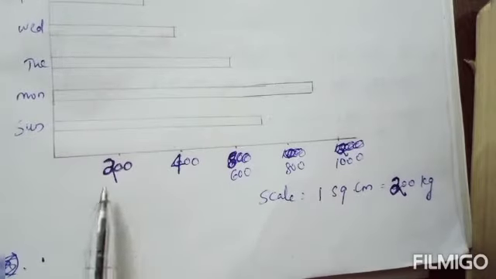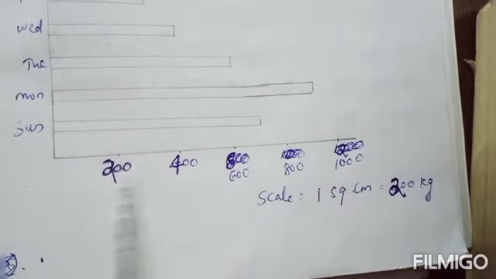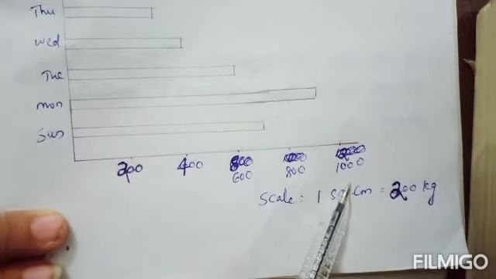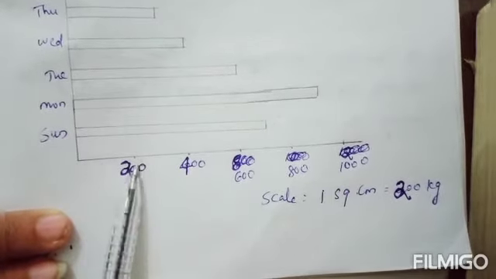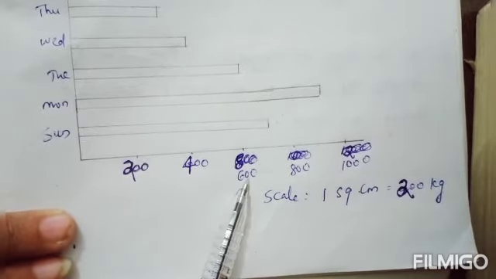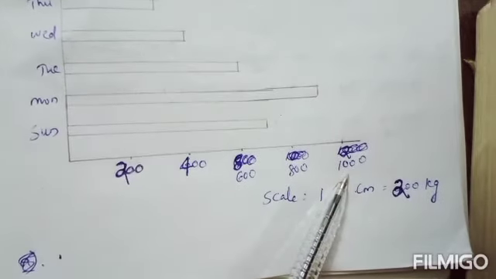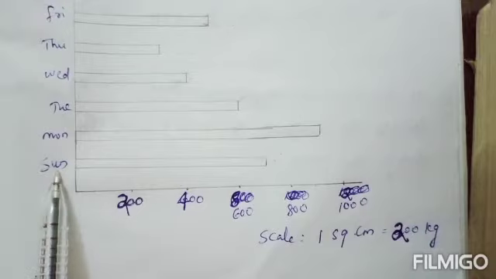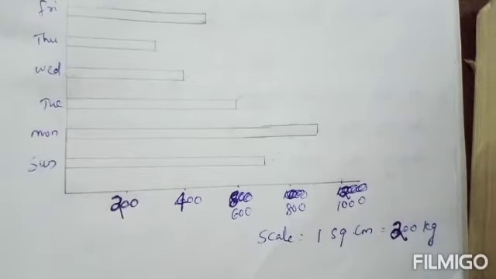In your textbook it is given as 300, 600, 900, but change it to 200, 400, 600, 800, 1000 and so on. You should take a scale of 200 kilogram. Now you can see how much sugar is sold on Sunday.